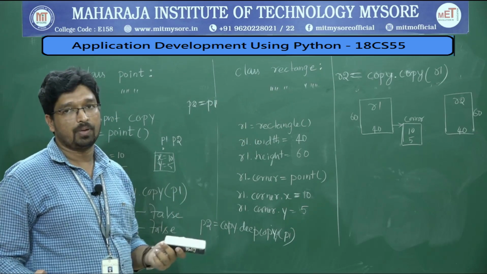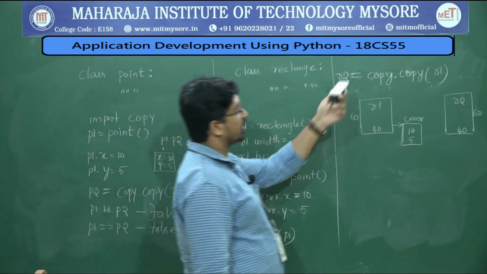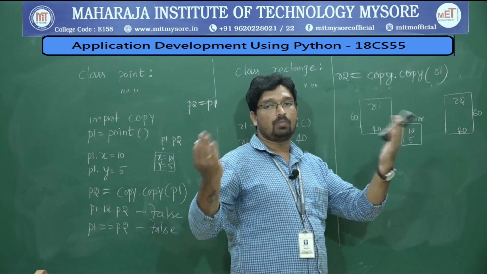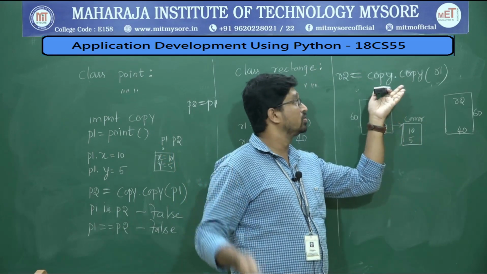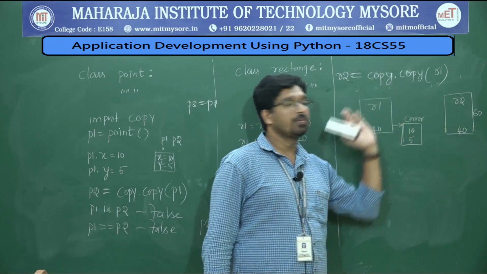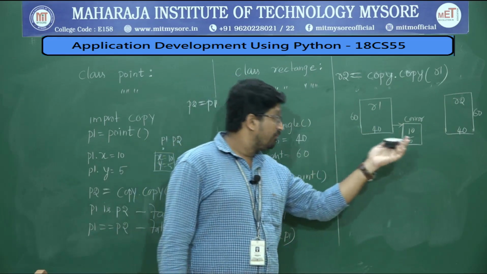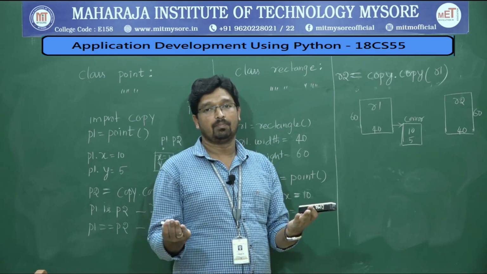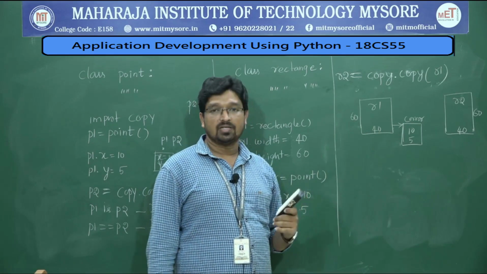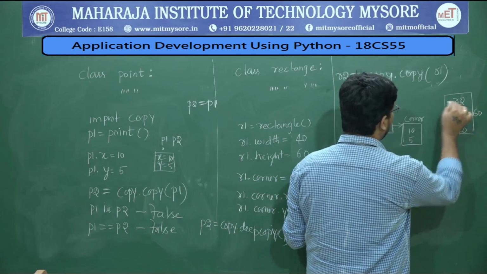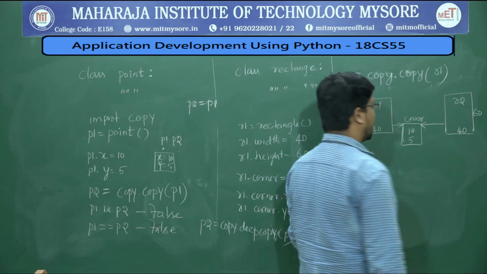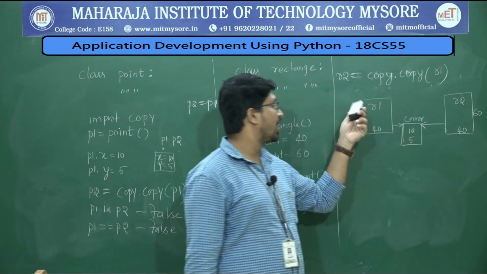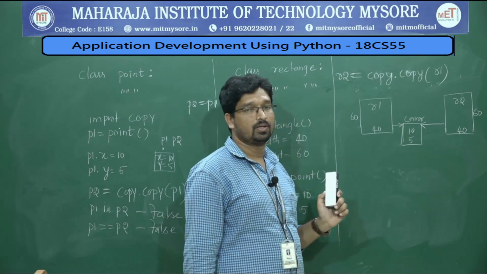Whenever you use a shallow copy, two separate objects are created, but the reference objects inside will not get separated. There will be no copy of the reference object, meaning R2 dot corner is still pointing to the same location as R1 dot corner.